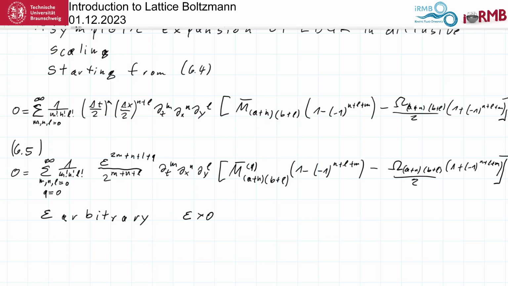So if it is arbitrary and it is not 0, and the entire thing is 0, then this has to be 0 for all choices of epsilon, not equal to 0 or larger than 0, but also for the negative it is the same condition.